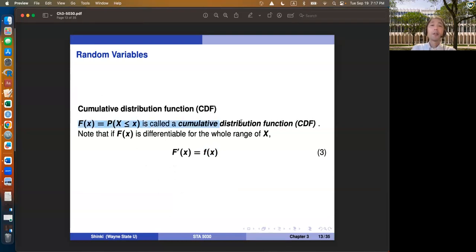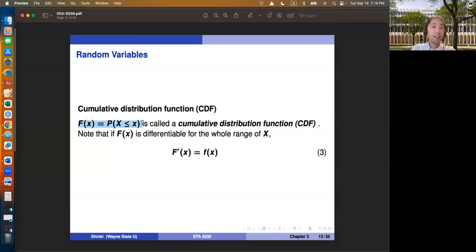And this is called the cumulative distribution function. So this is probably conceptually easier because this probability always exists, regardless of the type of x. If x is discrete, this function is fine. If continuous, this function is also fine.